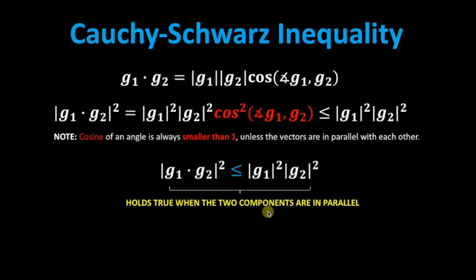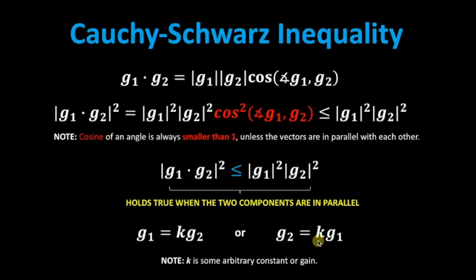How can we say that the two components are parallel? We can say that they are parallel if g1 is simply equivalent to k times g2, where k is some arbitrary constant or gain. Or you can also say that g2 is equal to k times g1, again using some arbitrary constant value k.